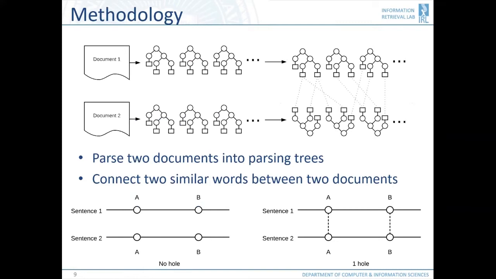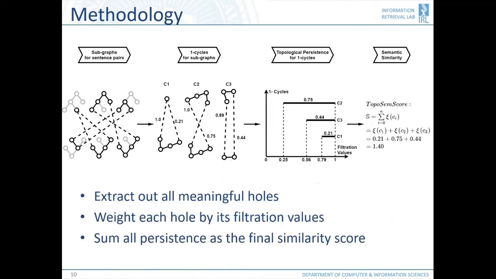Okay, so the methodology. How do we transform this document semantic comparison problem into a topological graph? First of all, we parse the two documents into a bunch of parsing trees.